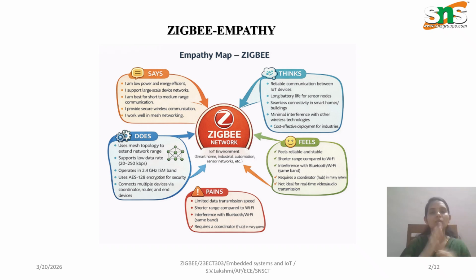Collecting feedback from these groups plays the major part in empathy. The user might need a low power communication solution for long-term use, the network should be reliable even if one node fails, and the cost should be minimal for large deployments.